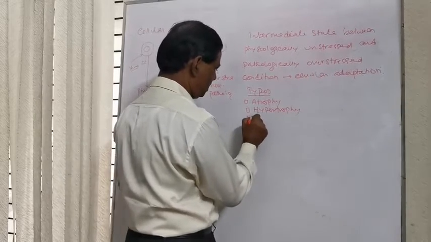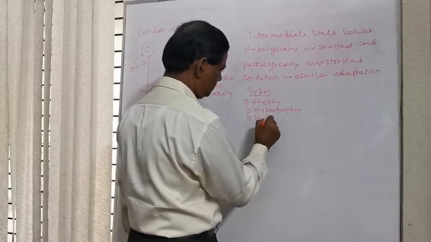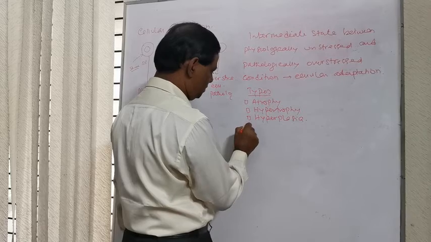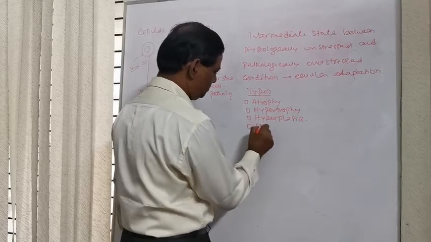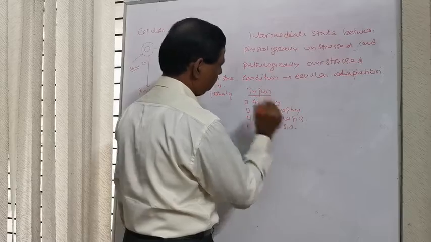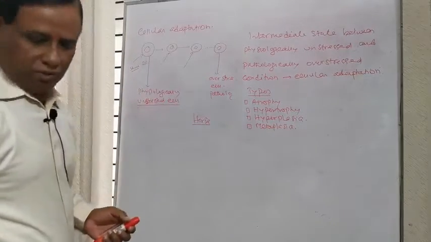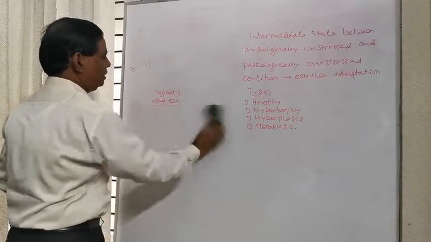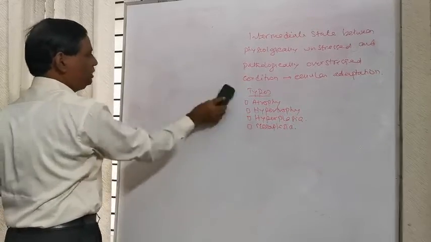Number 3, hyperplasia. And number 4, metaplasia. Now come to atrophy in details.